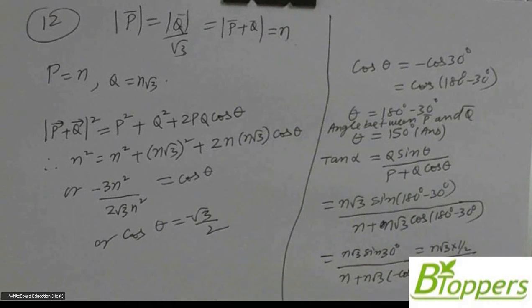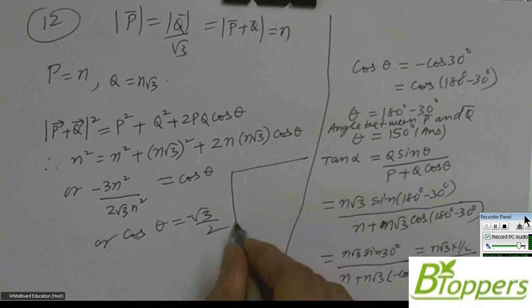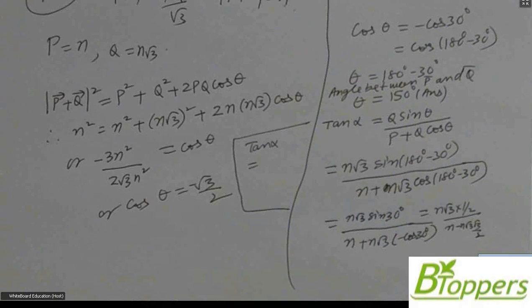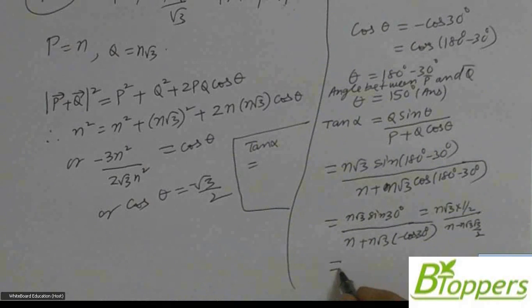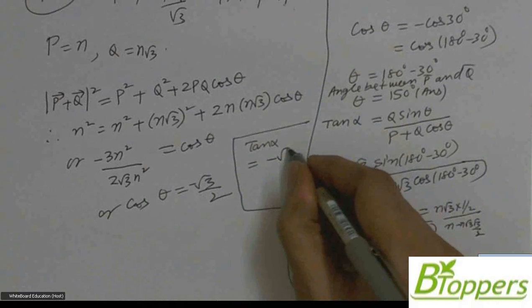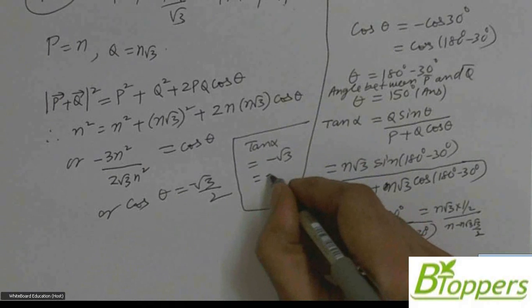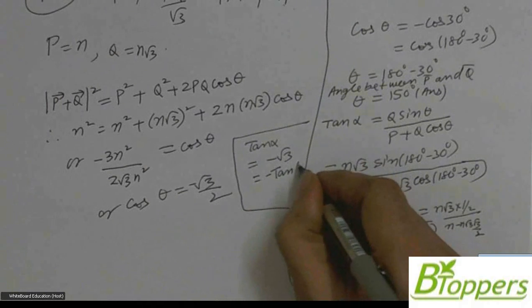You can simplify it further. You get the value of tan alpha. So you get here n root 3 by 2 divided by minus n by 2. So you get tan alpha equal to minus root 3. That means tan alpha is equal to minus tan 60 degrees.